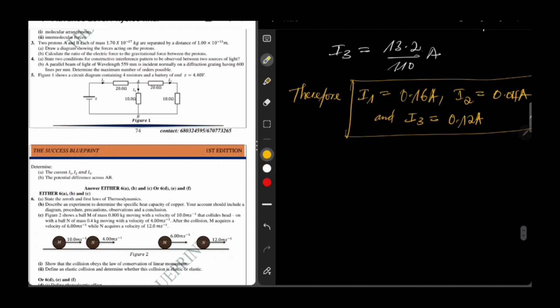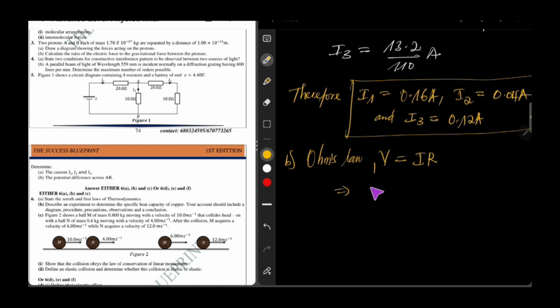Now B says determine the potential difference across AB. If you look at AB here, according to Ohm's law, the voltage drop across a resistor V is equal to the current that flows through that resistor I times the resistance of that resistor.